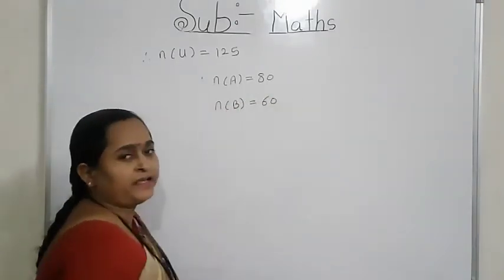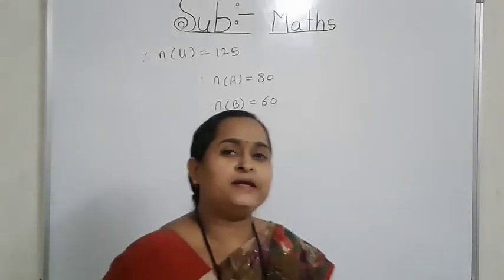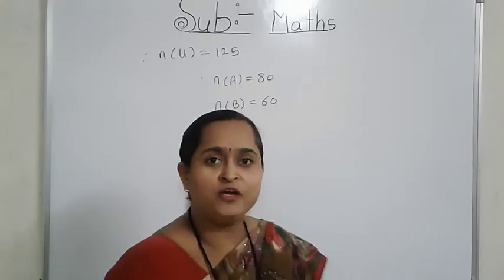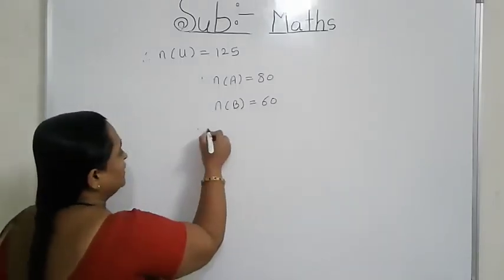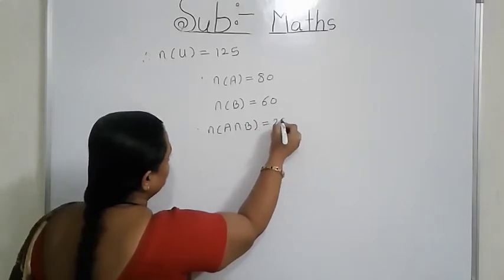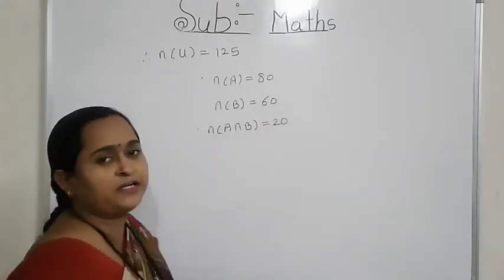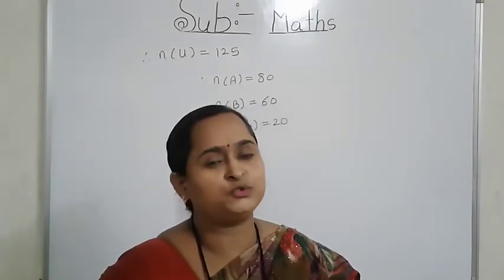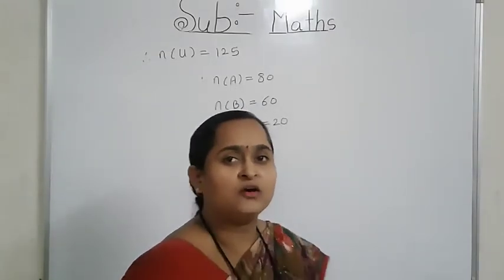Next set we can take A intersection B. A intersection B be the set of students who drink tea and coffee both. So therefore n of A intersection B is equal to 20. Next set we will take union, A union B. A union B be the set of students who drink tea or coffee.